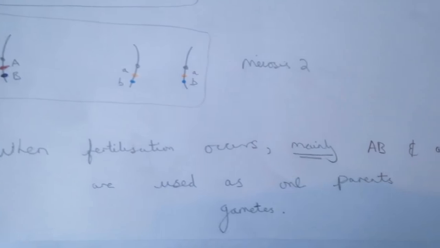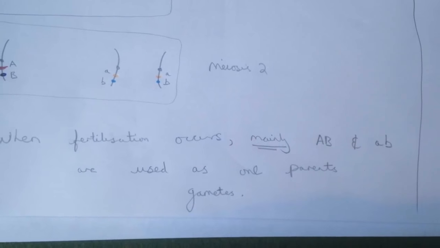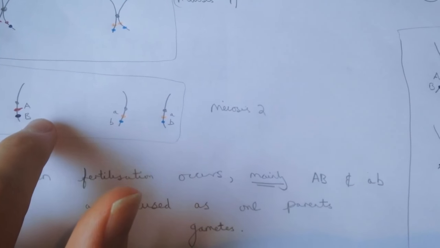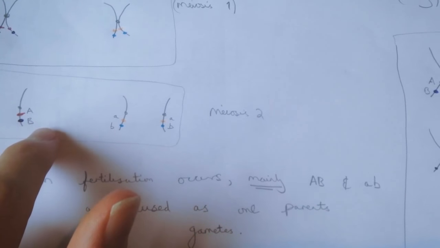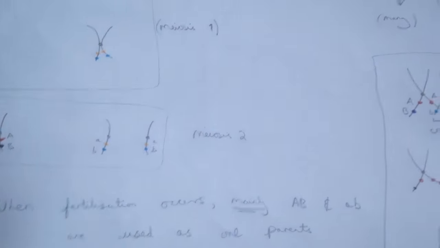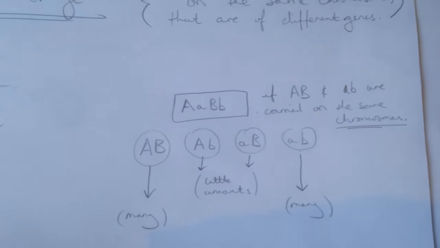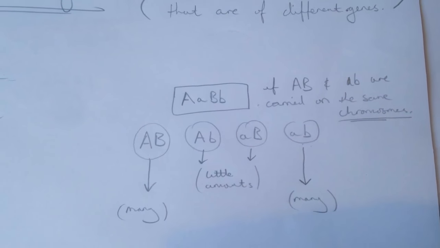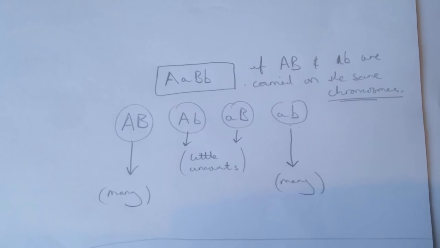So to put that into words, when fertilization occurs, mainly big A and big B, and little a and little b are used in that parent's gametes, as we've just seen. So we've got our big A, little a, big B, little b genotype for the parent.